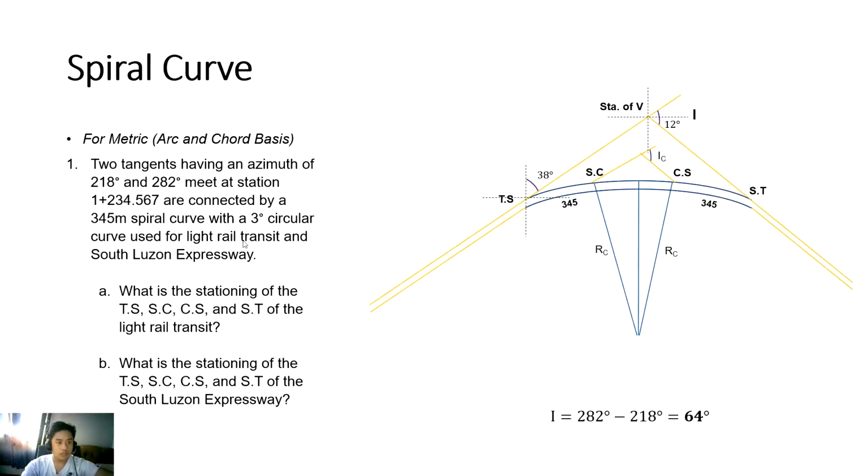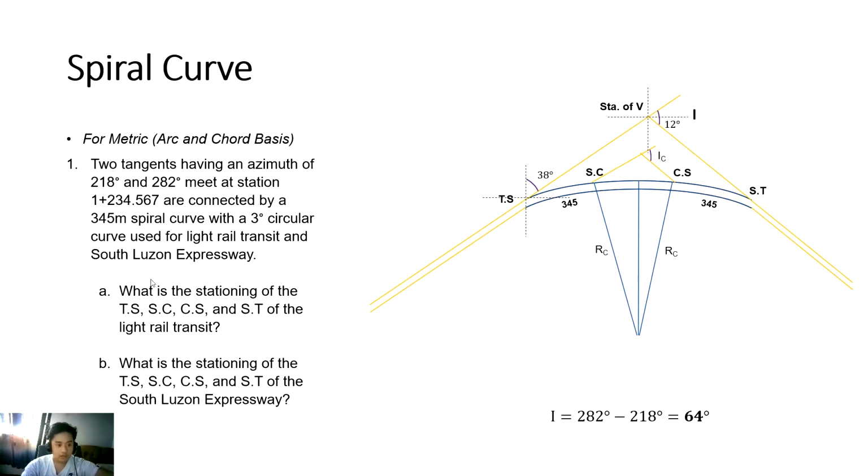For the spiral curve, the first given problem is: two tangents having an azimuth of 218 degrees and 282 degrees meet at station 1+234.567 and are connected by a 345-meter spiral curve with a 3-degree circular curve, used for light rail transit and South Luzon Expressway.